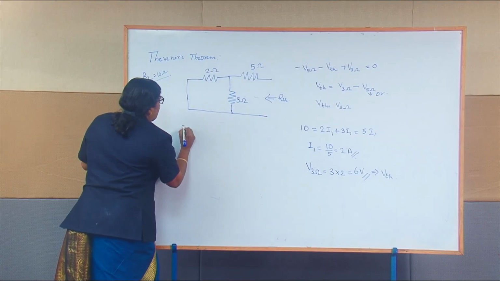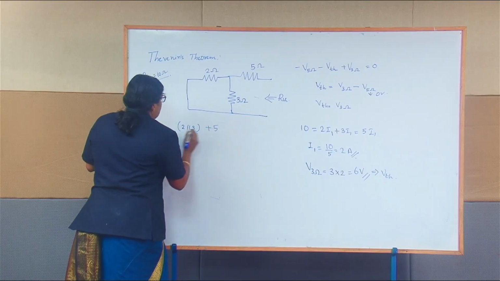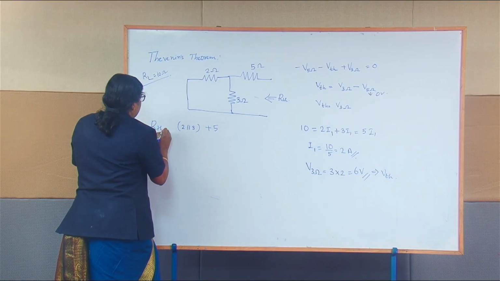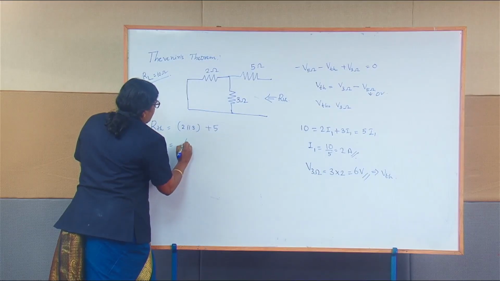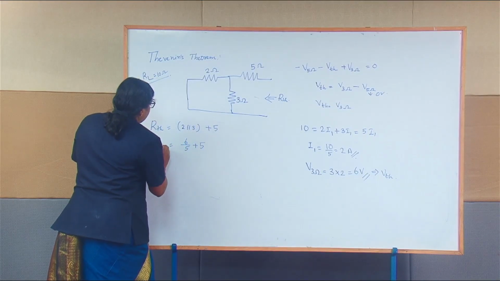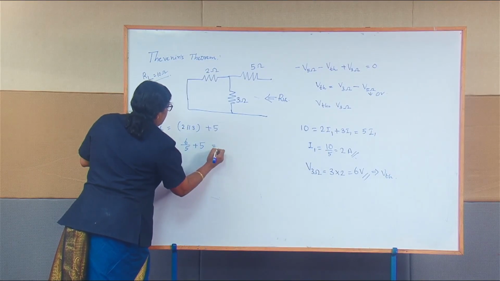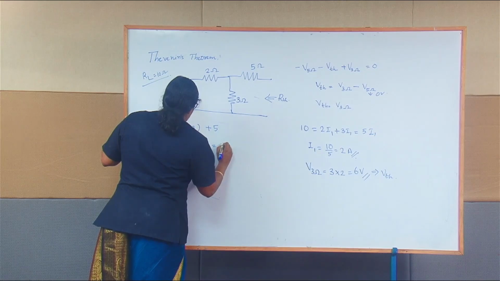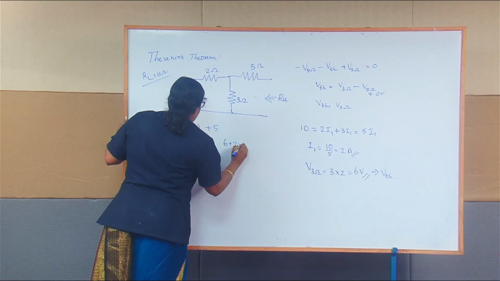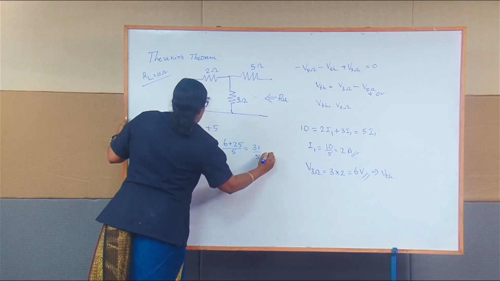So we can write this as 2 parallel to 3 plus 5, that is the value of your R Thevenin. So you can write 6 by 5 plus 5. So this is nothing but 6 plus 25 by 5, that is 31 by 5 ohms.